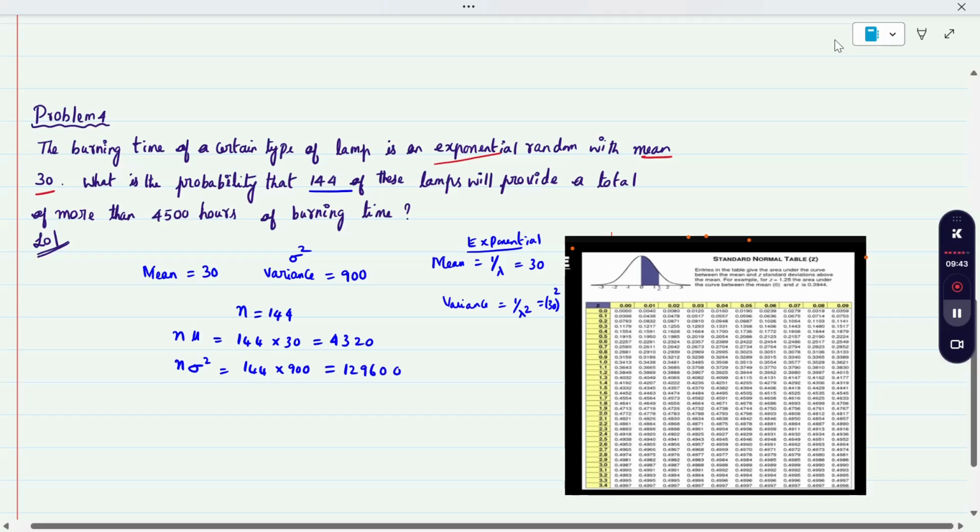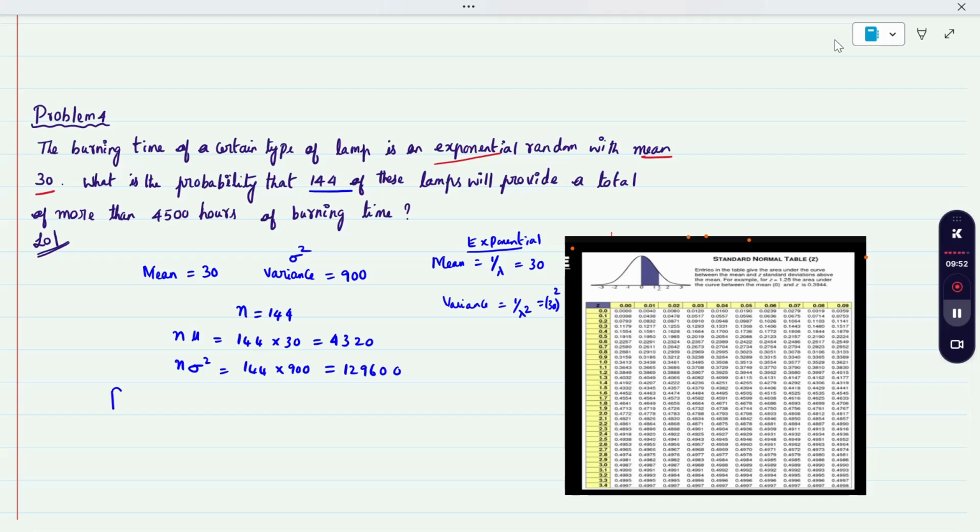So now convert it. What is the question asked? Probability total of more than 4500. So probability of Sn is greater than or equal to 4500. Now convert it throughout, subtract it.